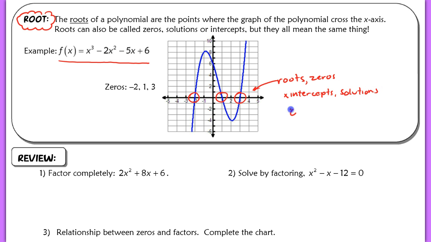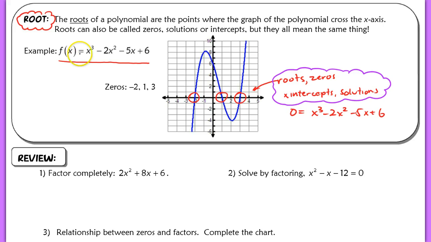If we were to set this function, x cubed minus 2x squared minus 5x plus 6, equal to 0, then we would find the solutions by finding the x-intercepts. So all of these things mean the exact same thing. All of these terms are interchangeable. But what we're looking for is, we call them zeros or roots of this polynomial function. So I have zeros at -2, 1, and 3.